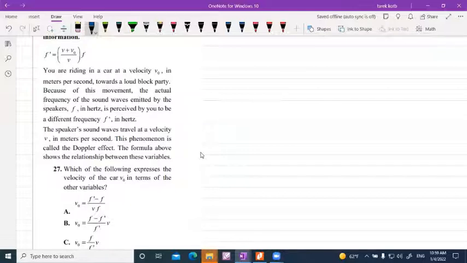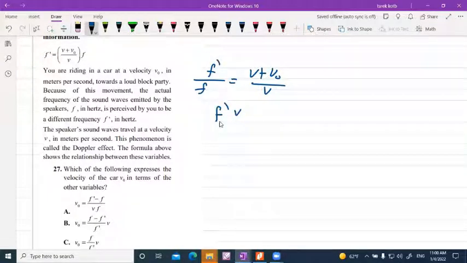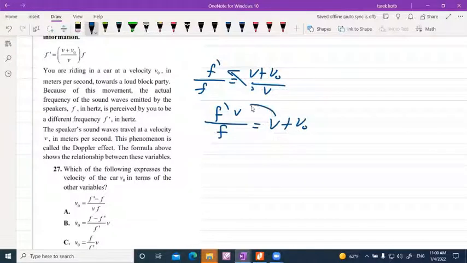Okay, so first of all you have to divide by f. It will be f dash over f equals v plus vo over v, and cross multiply, so it will be v dash v, this times this, divided by f equals v plus vo, and then take this v to the other side. It will be v dash v over f minus v equals vo.